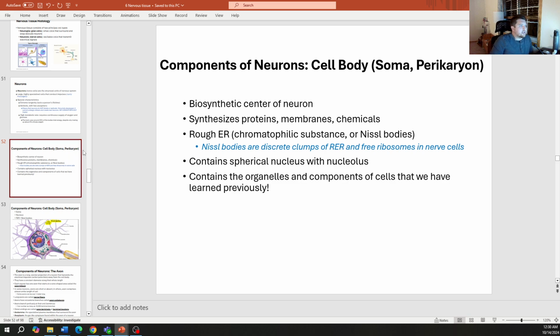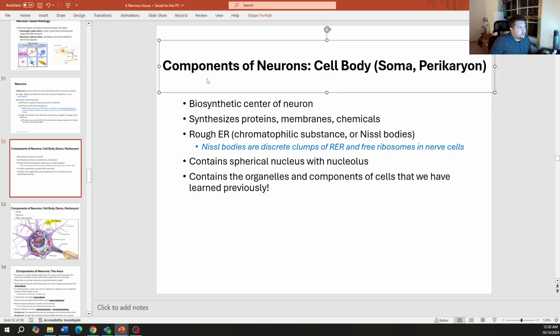So starting to look at the individual components, we're going to start with the cell body. This has a couple of AKAs. That's either the cell body, the soma, or the perikaryon. We saw this word in the last video on one of our pictures. Perikaryon, again, same thing. Soma, cell body, it's all saying the same thing.